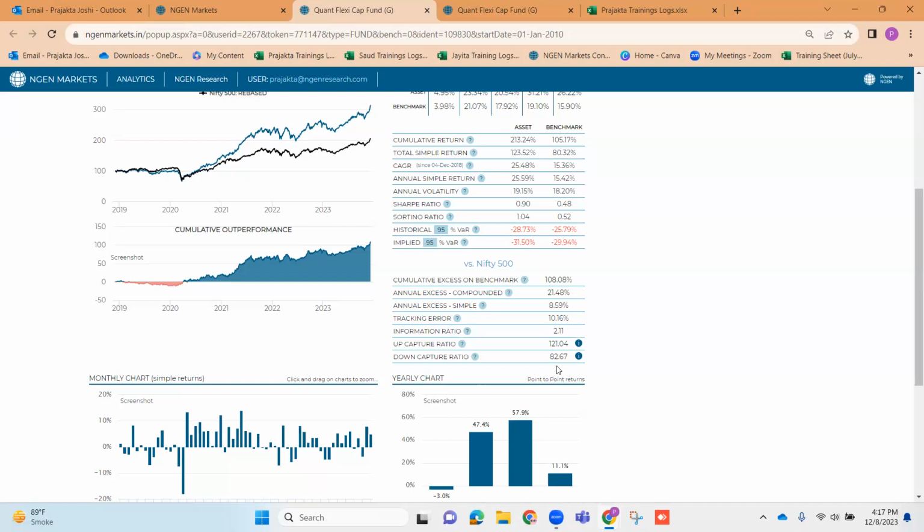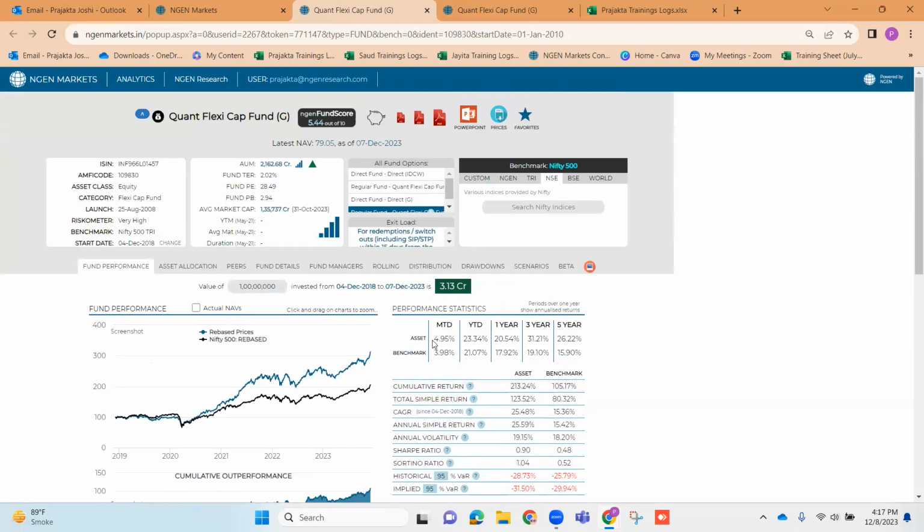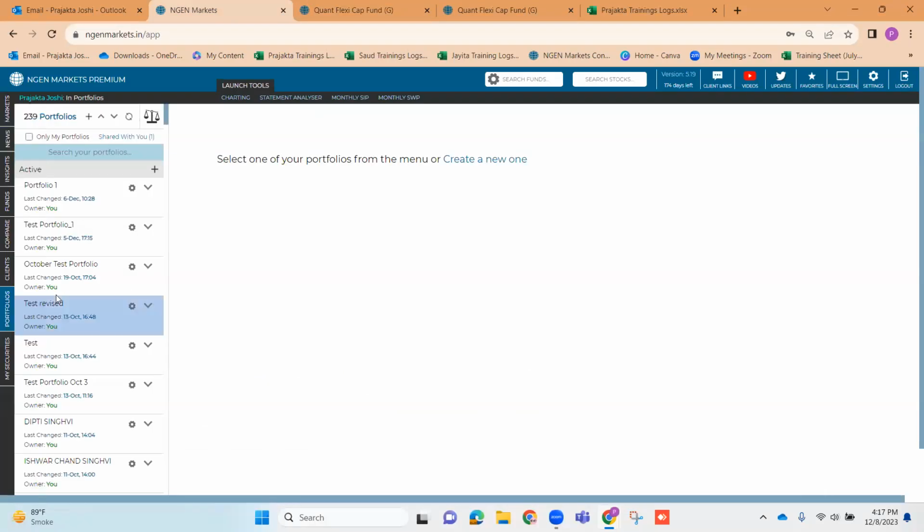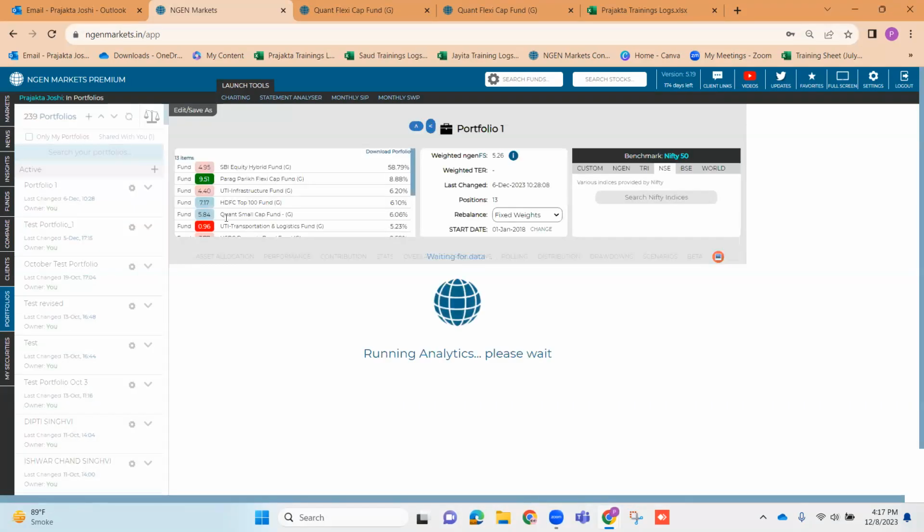Now, these same things, basically the value at risk and the up and down capture ratios, can be replicated, or rather seen, for portfolio performance as well. This was, of course, a single fund performance. So you can see these same statistics, with the same logic, in the portfolio section. So let's go to the portfolio section quickly, and let's load in any particular portfolio. The logic remains the same. The interpretation remains the same.